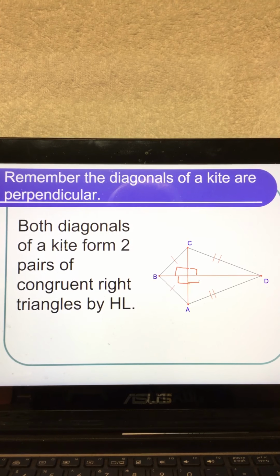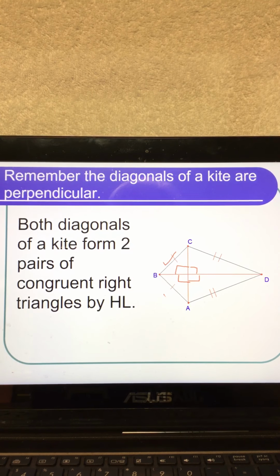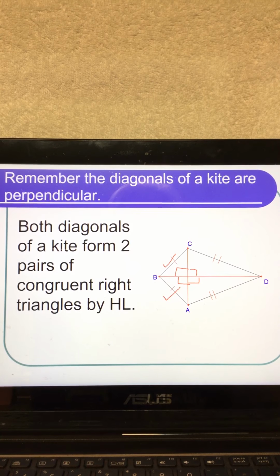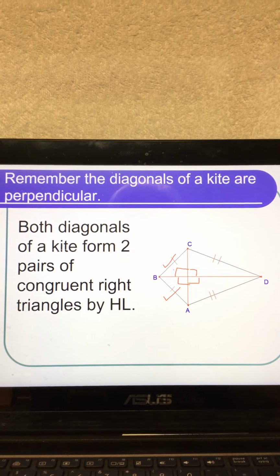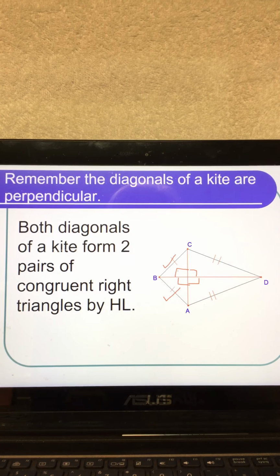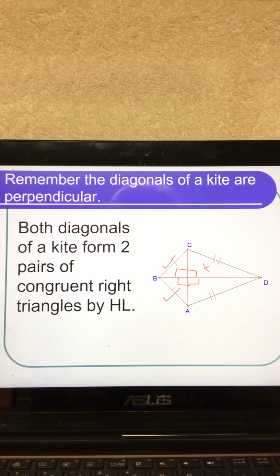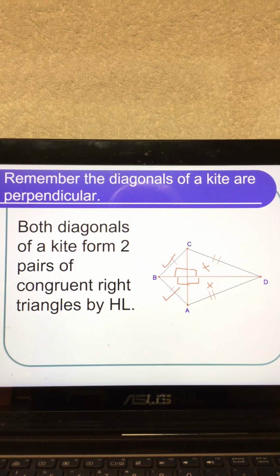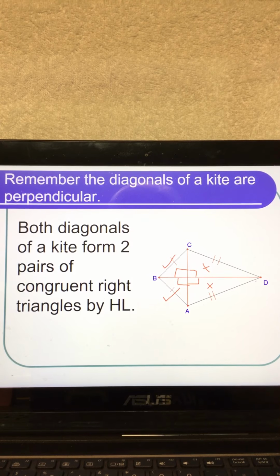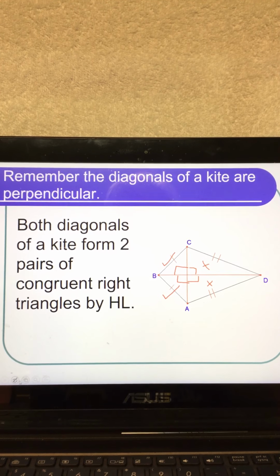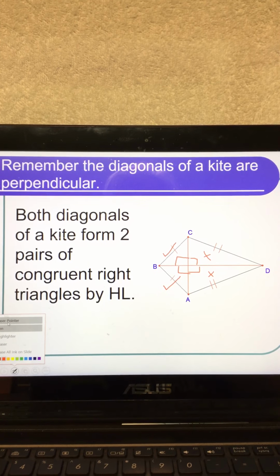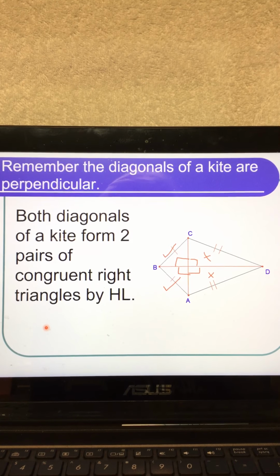We have two sets of right triangles that are congruent by hypotenuse leg. So if I could solve this right triangle here on the upper left, I would know everything I needed to know about the lower left, because there would be corresponding parts that are congruent. Same thing, if I could solve this triangle, I would know every part of this lower right triangle. So understanding kites is really all about triangles.